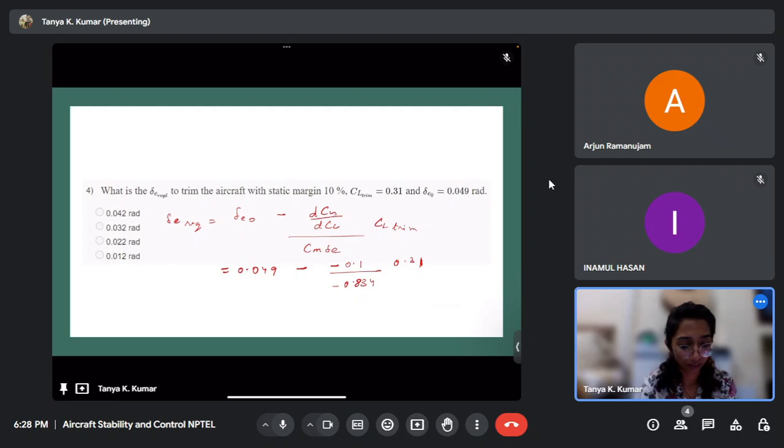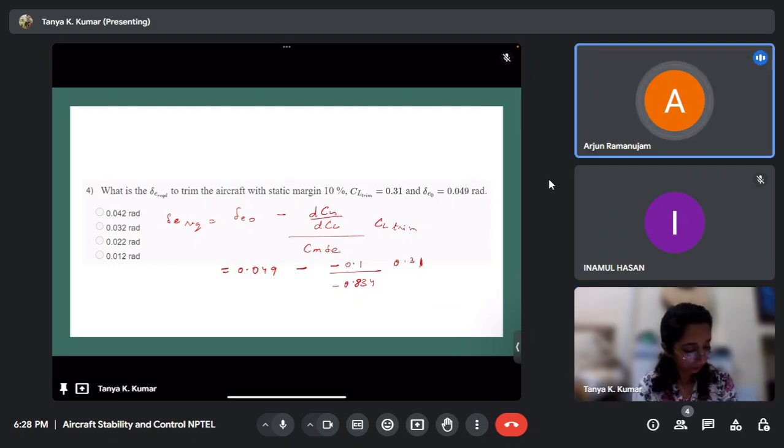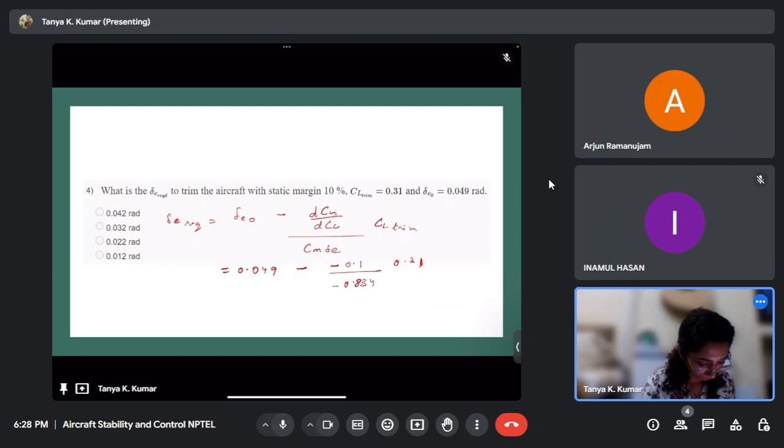Try calculating this. 0.011. So I think the closest option is 0.012. Okay, let's go to the next question.